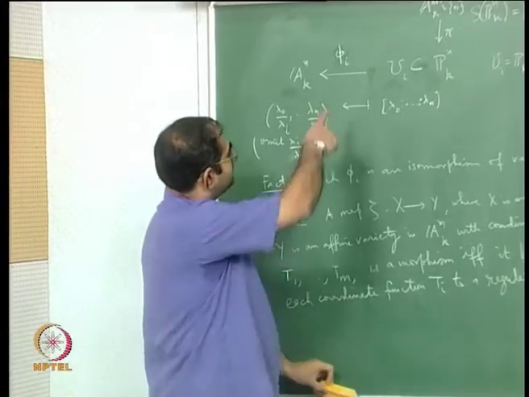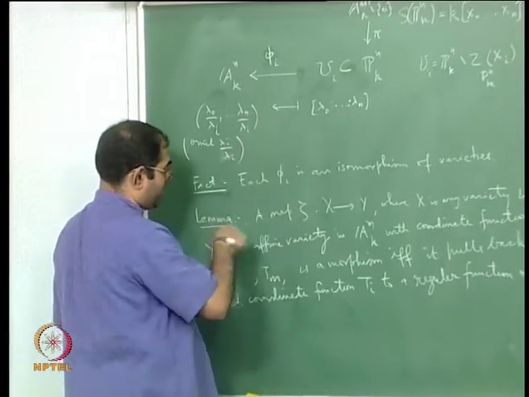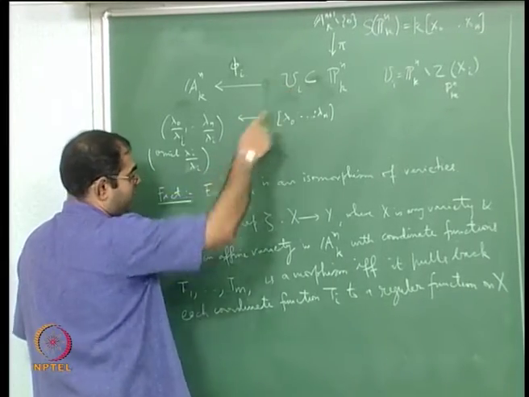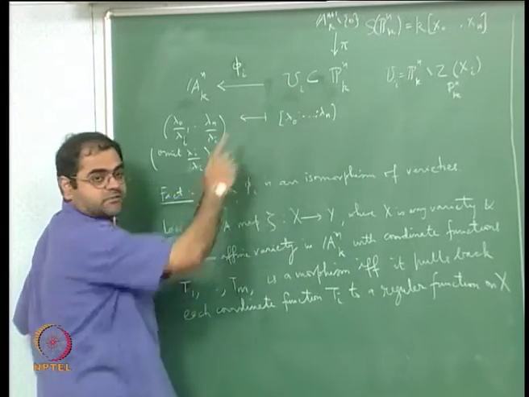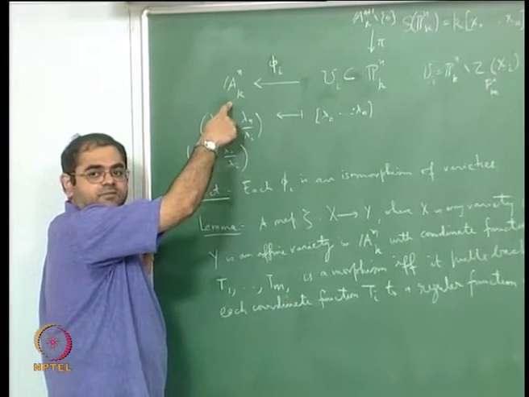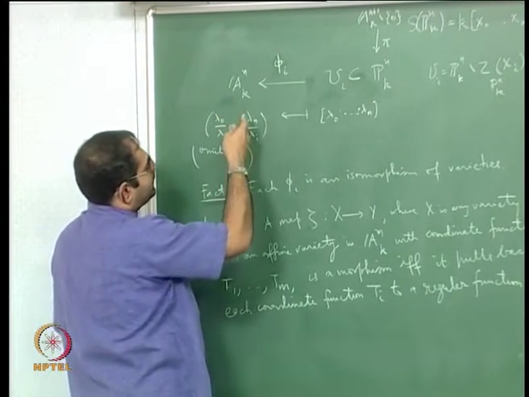For example, if I try to apply this lemma to phi, my source variety is Ui, which is a quasi-projective variety, and the target variety is an affine variety, it's just affine space.